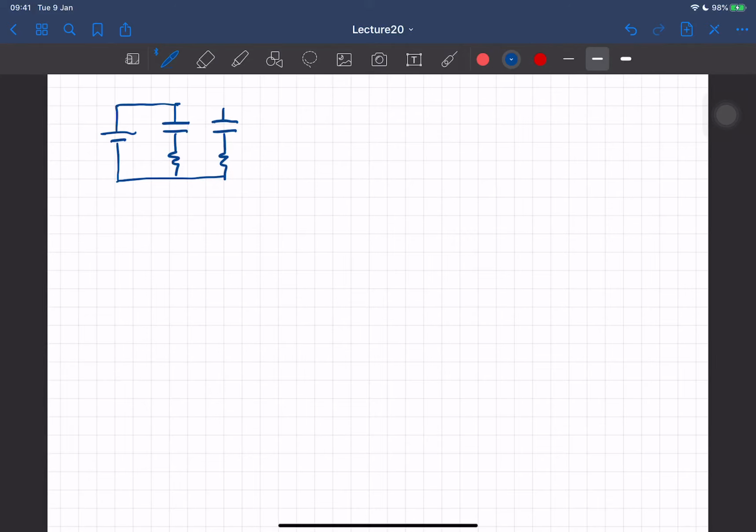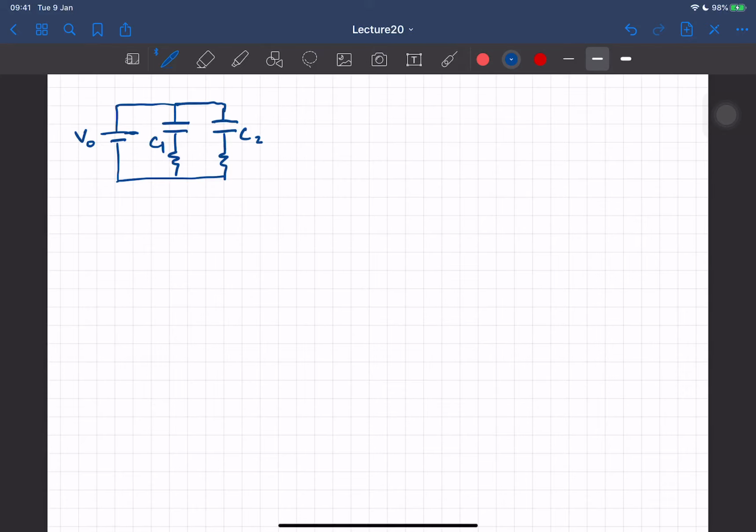So we have two capacitors, C1 and C2. And then we have the battery like this. Okay. So you can see that now with two capacitors, the differential equation that you need to solve becomes a lot more complicated.